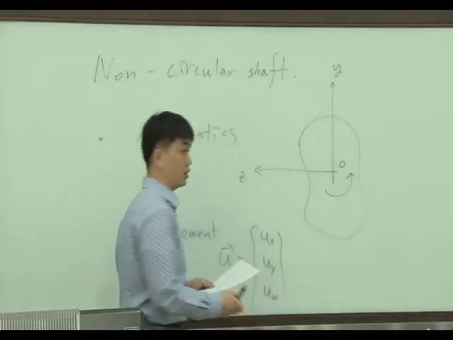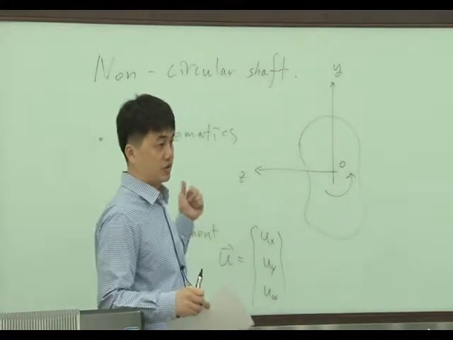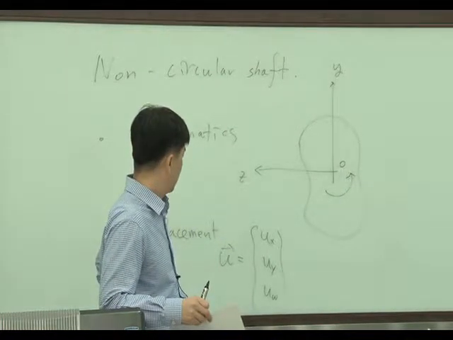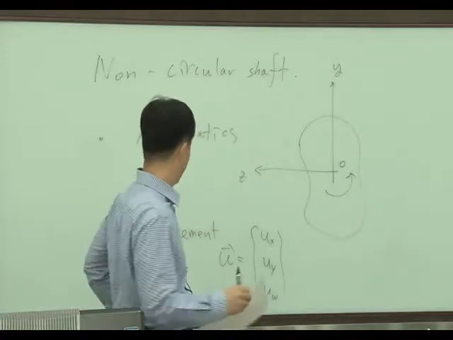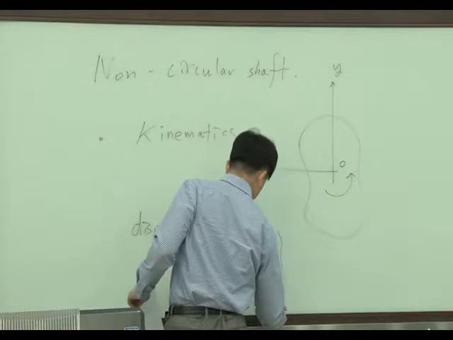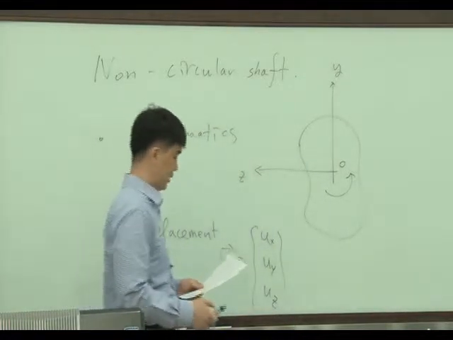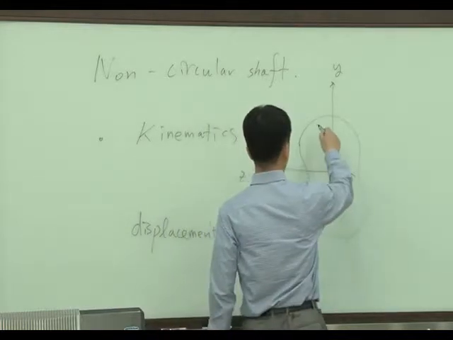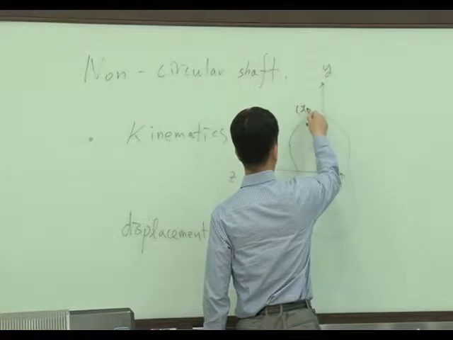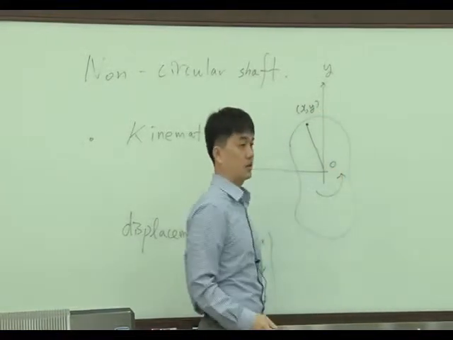So, when a bar with a general cross section looks like this, let's find the displacement of the cross section. Here, let's consider some point x, y, a material point.